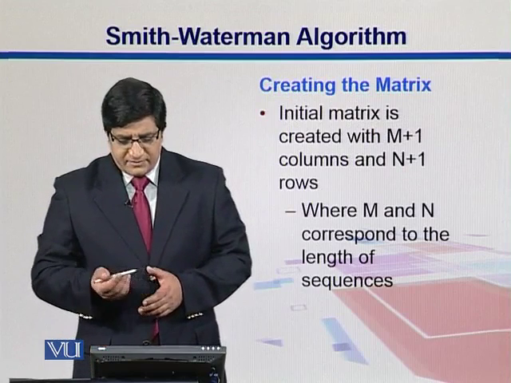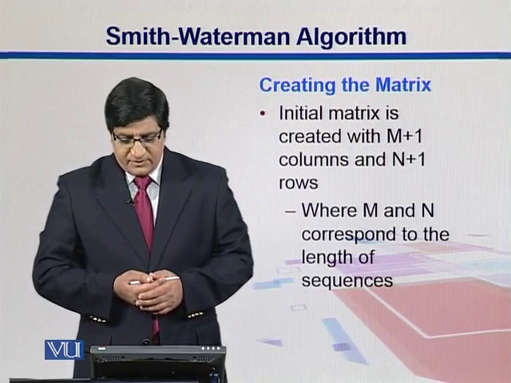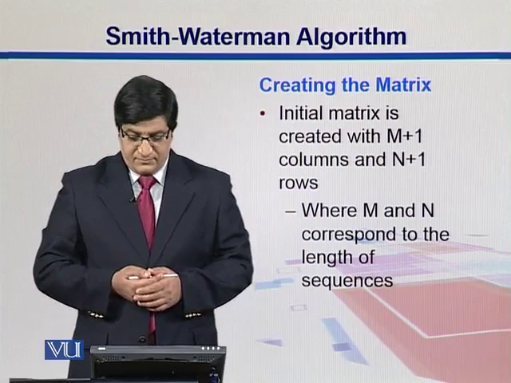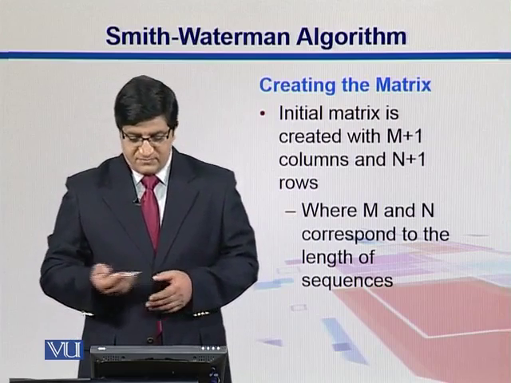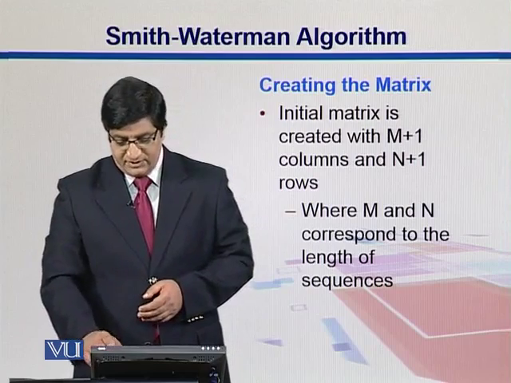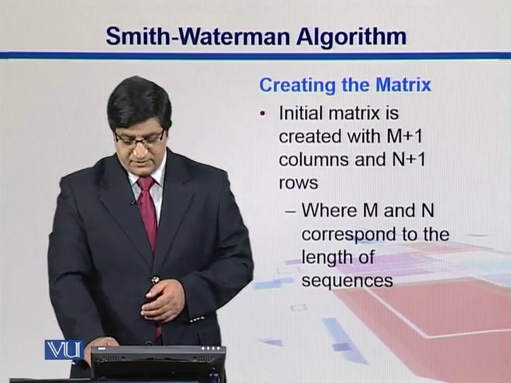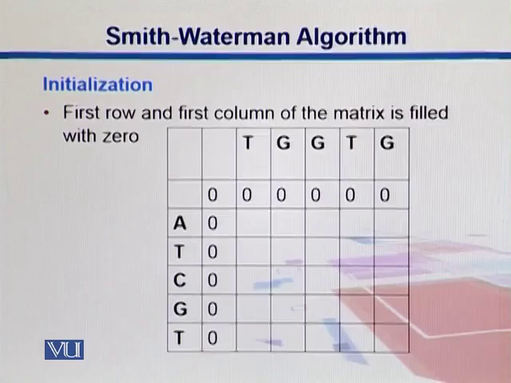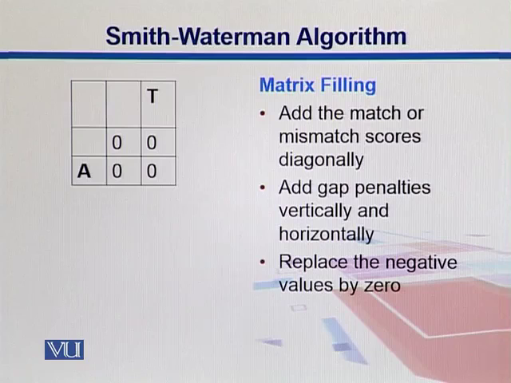We create the matrix with m plus 1 columns and n plus 1 rows. We know why we need that: when we start the alignment we might want to start with some gaps. So the first row and first column are filled with 0. Then we add the match or mismatch score diagonally. We take the first two elements and compare them. Here we have A and T, they mismatch.